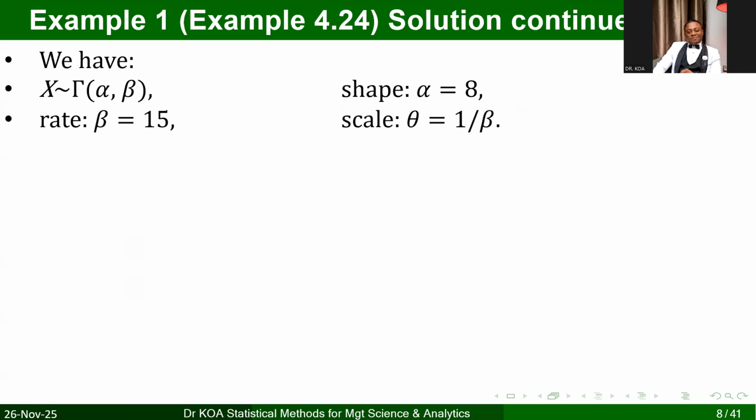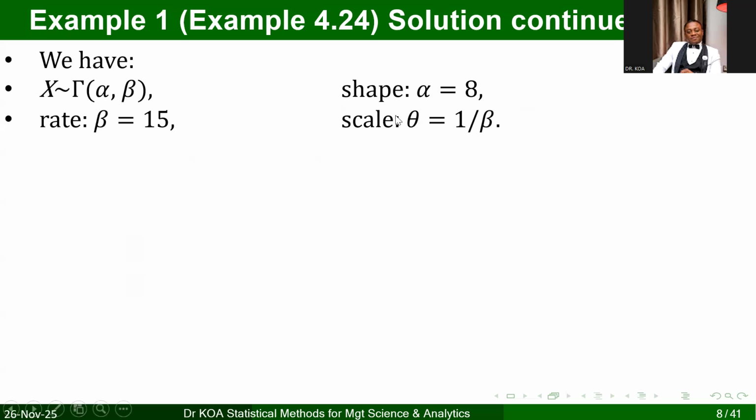Now, if I cross multiply this one, you see that the beta will come to the left-hand side, the theta will go down, and that actually is a rate. So if this theta here, if I replace 15 here, it's going to be 1 over 15.